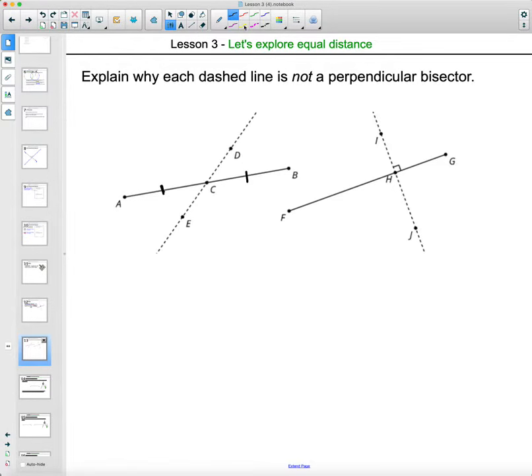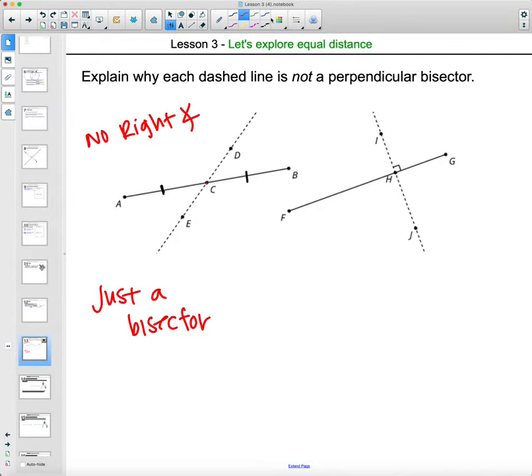So in this first one, we've got the midpoint, right? We've got C in the middle. So this dotted line is breaking AB up in the middle, but there's no 90-degree angle. There's no right angle here. So this line is just a bisector, just splitting AB in half.